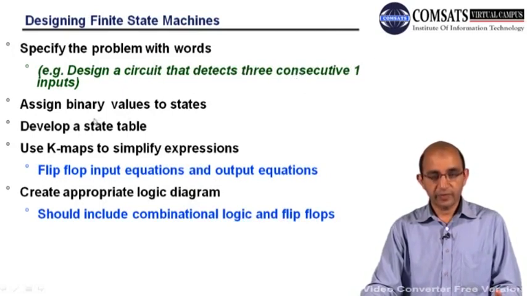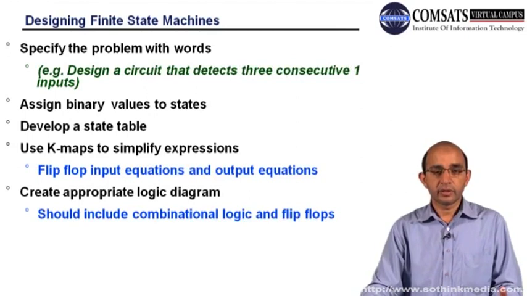What we need to do is define the states, how many states the system can have. Then we have to map those states onto binary values, because we are designing a binary system, that is base 2.